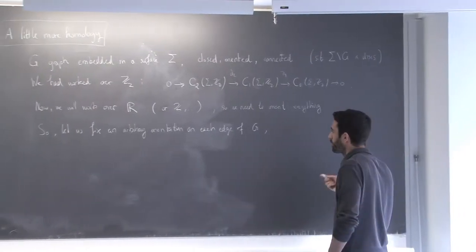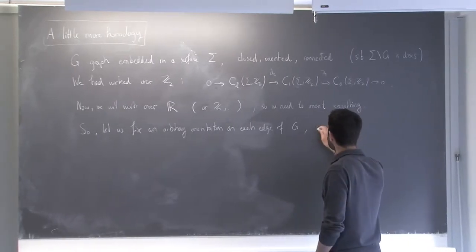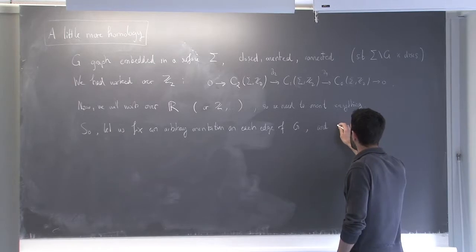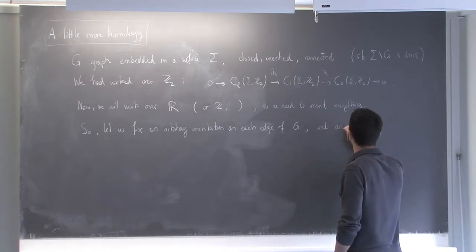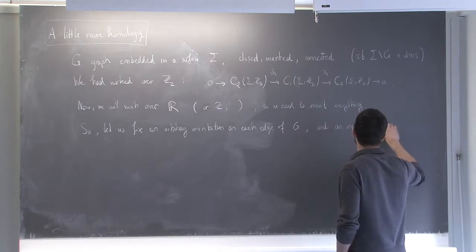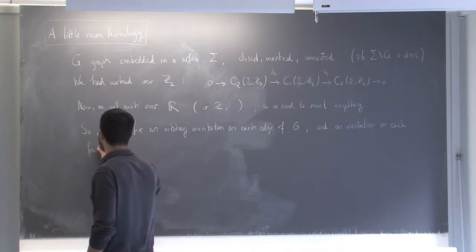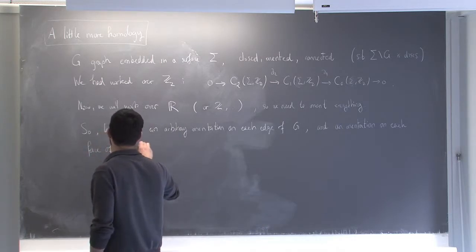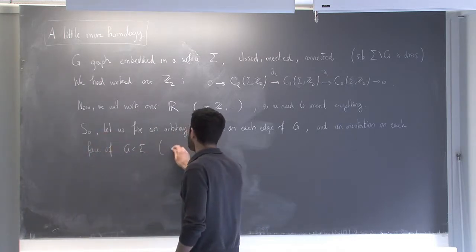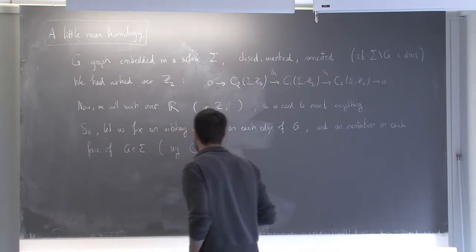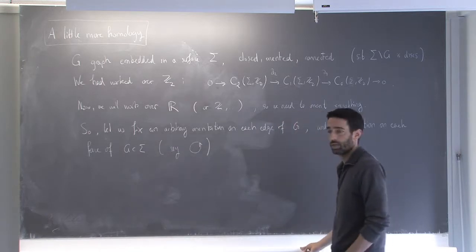It's not necessary, but let's do this. And say an orientation on each face of G embedded in sigma. Let's say we'll picture it counterclockwise, okay?